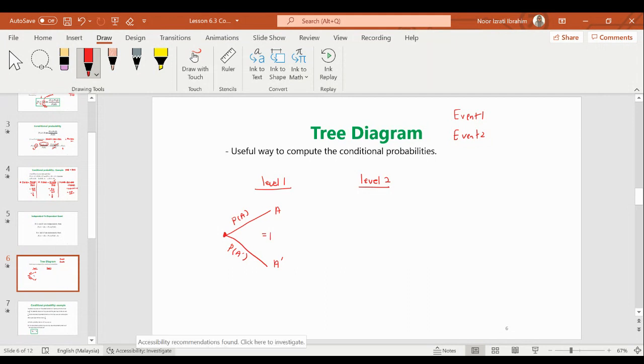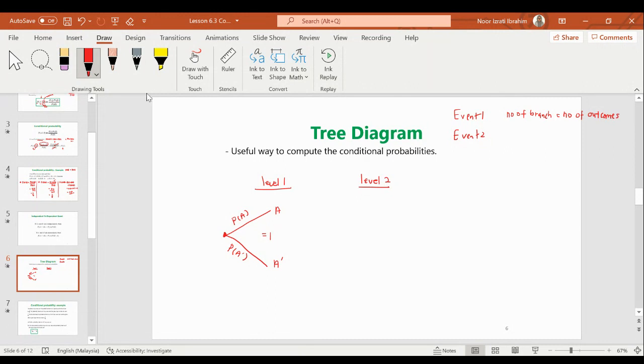How do we know the number of branches needed? The number of branches depends on the number of outcomes.